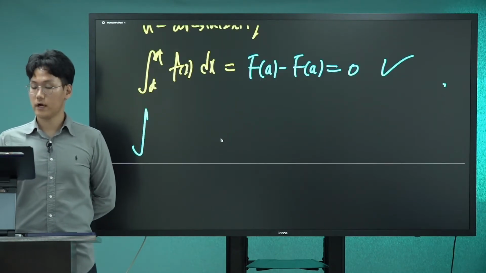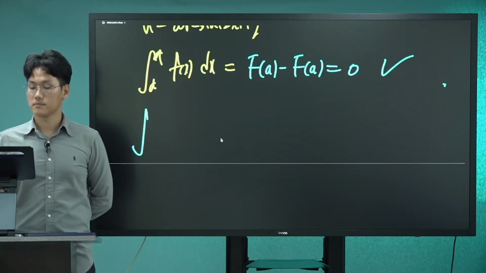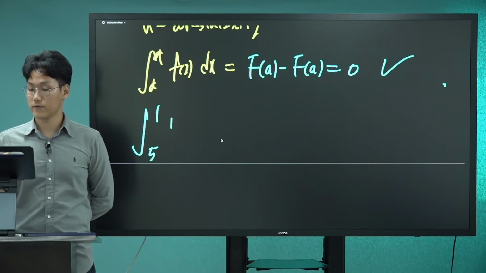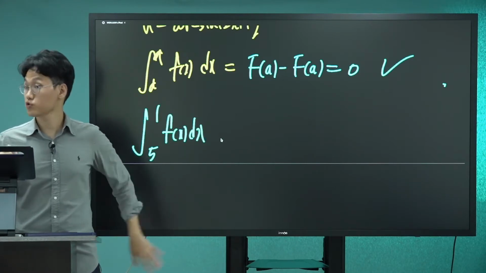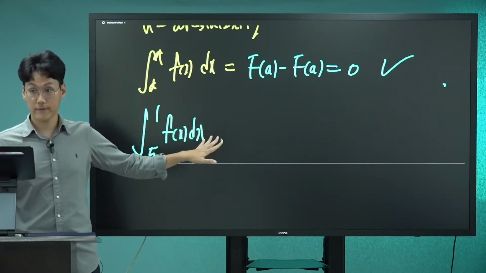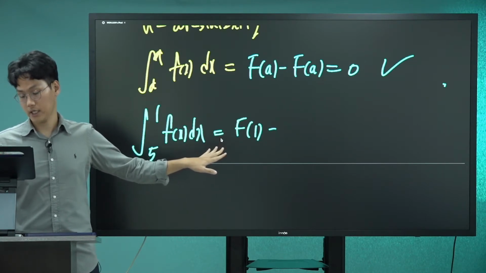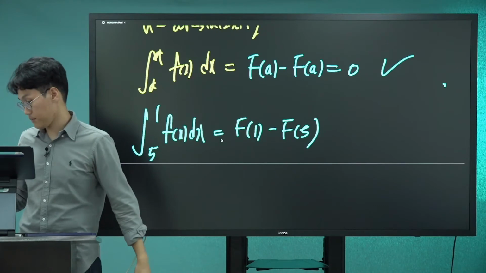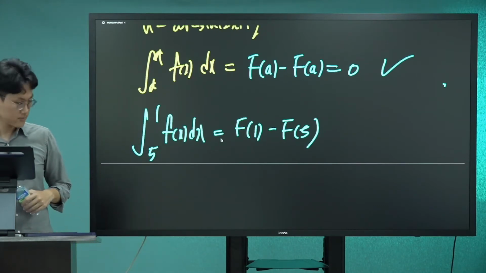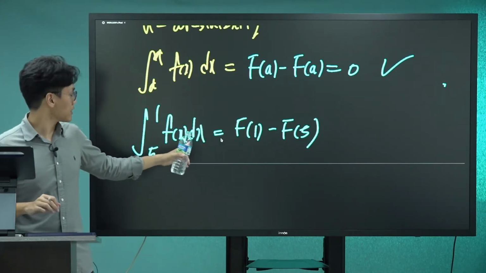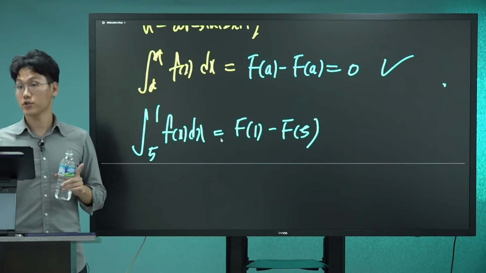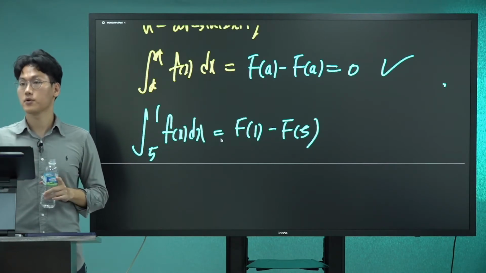And also if you evaluate, for example, from 5 to 1 of a function, here's the thing. You could do this. It's okay to evaluate like that, meaning capital F of 1 minus capital F of 5. The capital letter implies the antiderivative, right? That's fine. But traditionally, we don't like working with the bigger value on the lower bound.